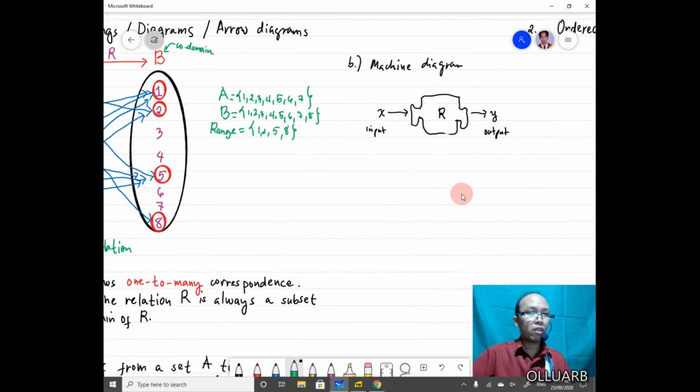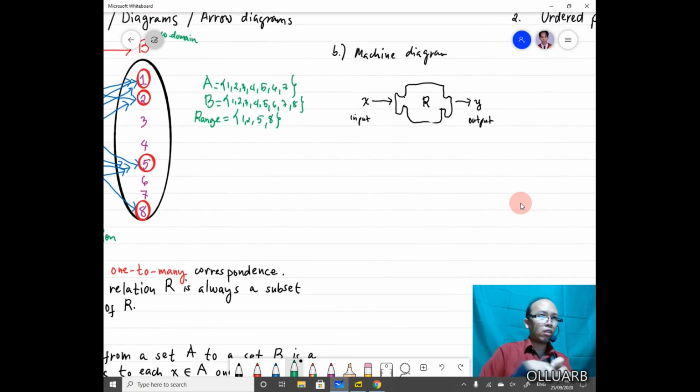Before I forget, there are other books that write this one, the arrow diagram. This is an arrow diagram or diagram, the same. So there are other books that denote it this way. They have a visual diagram like this one that I'm going to write here.